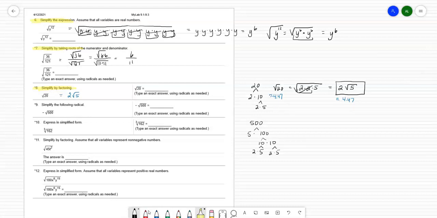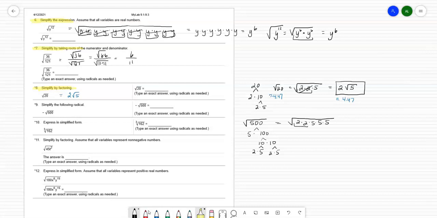So my prime factorization for 500 is 2 times 2, I have 2 of those, and I have 3 5s, times 5 times 5 times 5. So the square root of 500 is the same as the square root of 2 times 2 times 5 times 5 times 5.